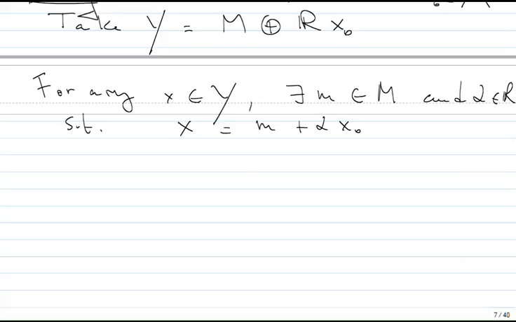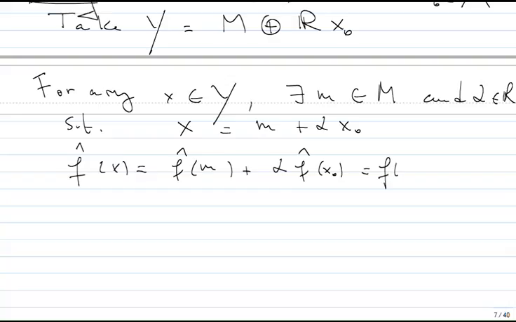So we have f hat, if it exists, is going to be f hat of m plus alpha f hat of x0. And since it is an extension of f, we're going to have this as f of m plus alpha f hat of x0.